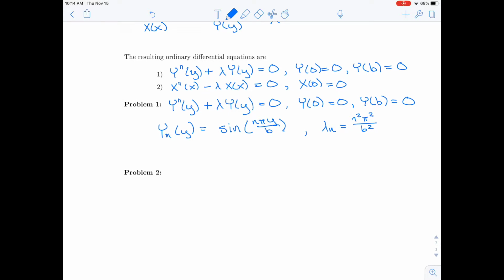So now we want to move on to problem 2. Here we would have that x sub n double prime of x minus n squared pi squared over b squared, which is lambda sub n, times x sub n of x is equal to 0. And I have that x sub n of 0 is equal to 0.